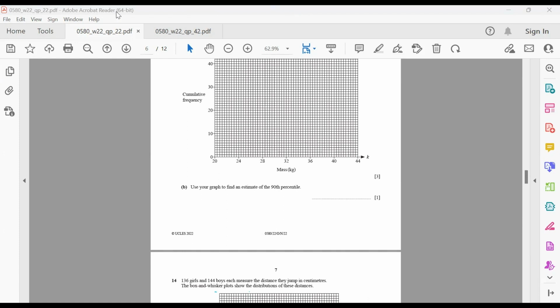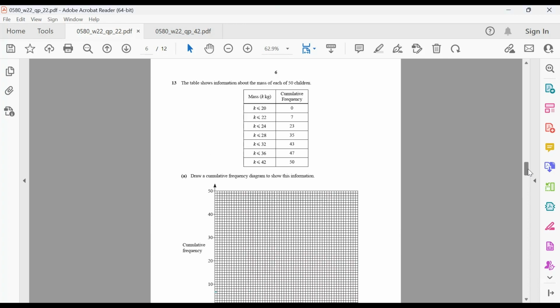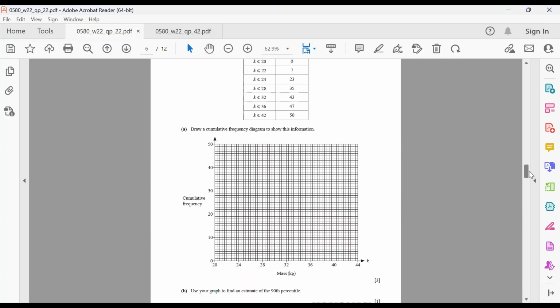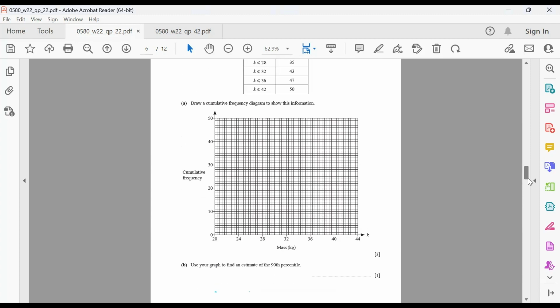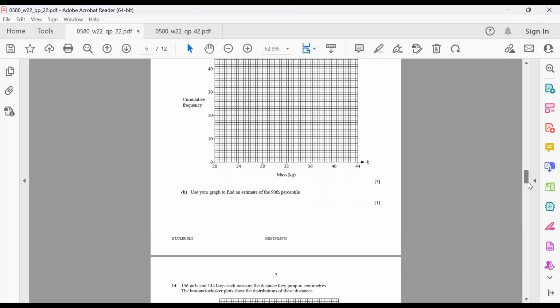To figure out the 90th percentile, what I will do is first see that the total cumulative frequency is 50. So 90th percentile of 50 would be 90% of 50, which is 90 divided by 100 times 50, which is 45.